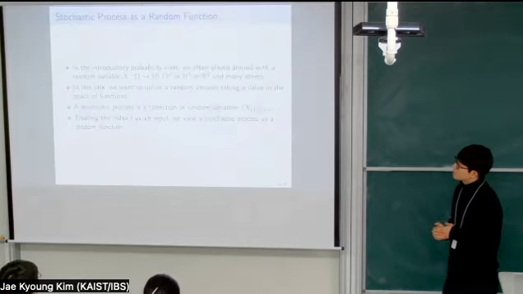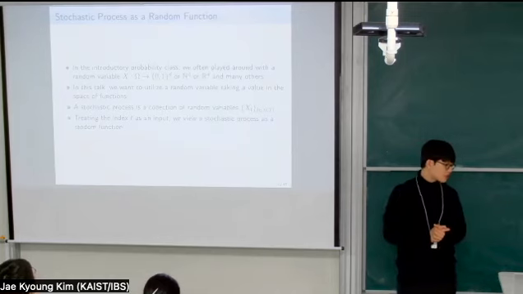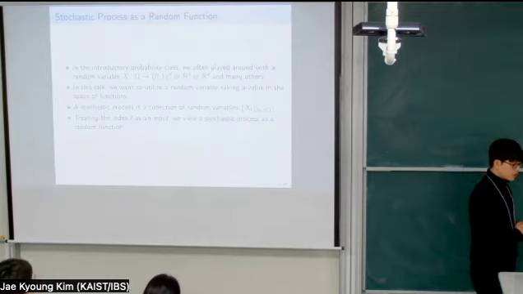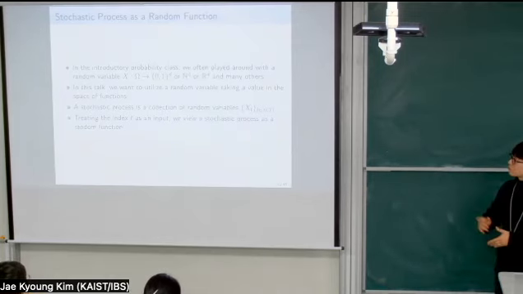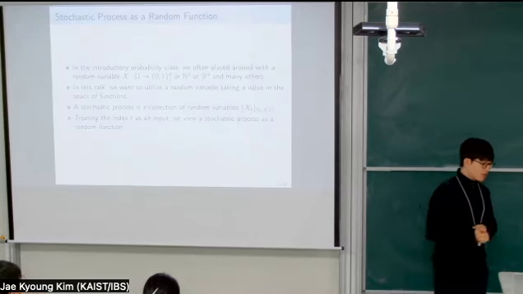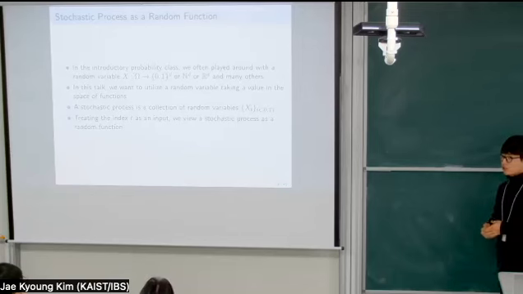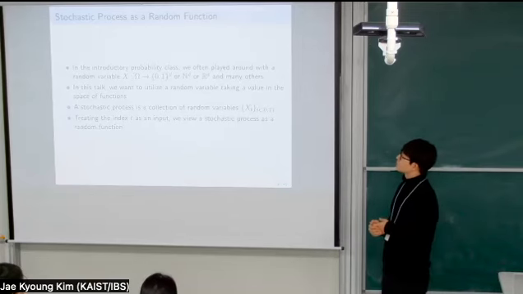In a basic introductory probability class, we often deal with a random variable. It could be binary, integer valued, or real valued, but today I'm going to focus on a random variable whose value is a function, okay?